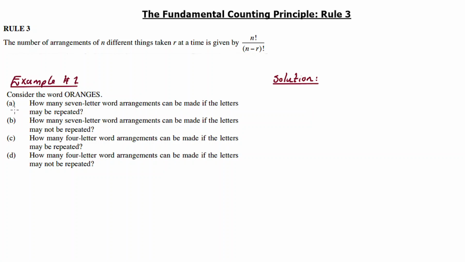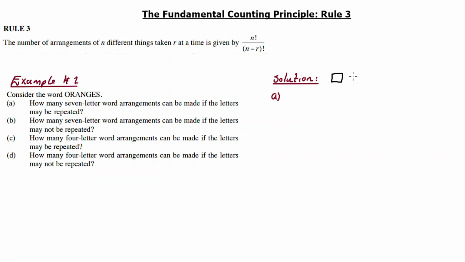Let's get the solutions for A all the way up to D. A, we are given this word oranges, and the 7-letter word arrangements can be made if the letters may be repeated. I'll draw my squares here.